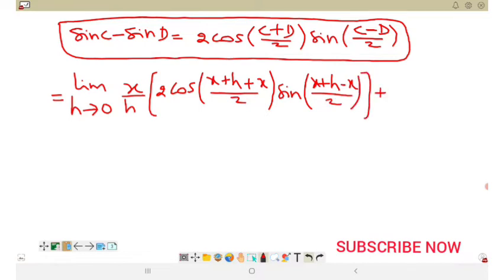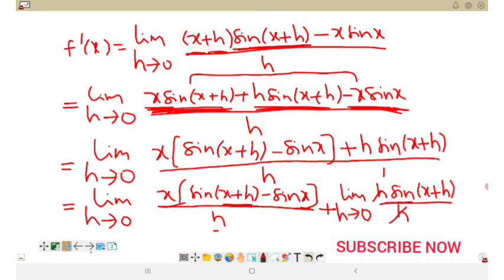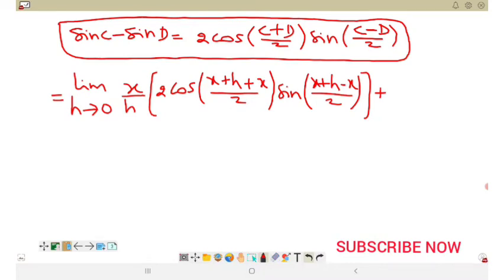So plus sin of x plus h. So substitute h equals 0 in the term plus sin of x plus h. Here plus x minus x cancel.